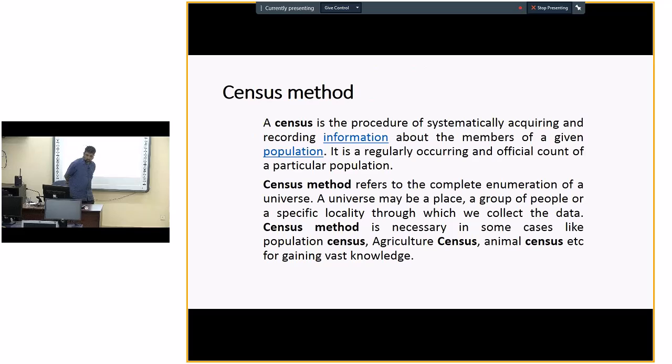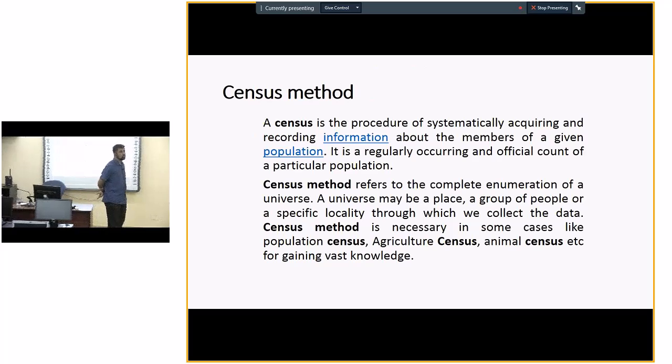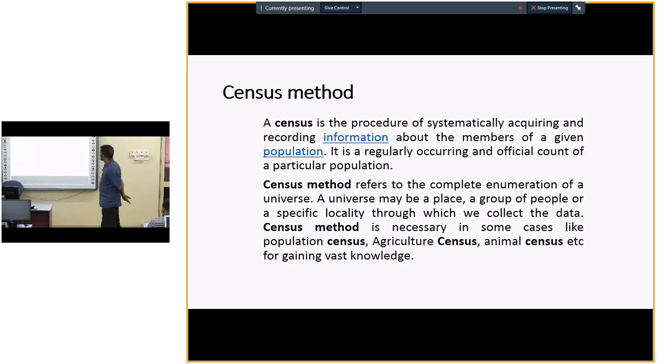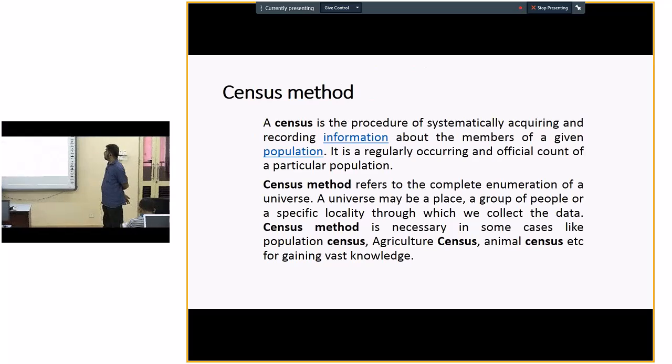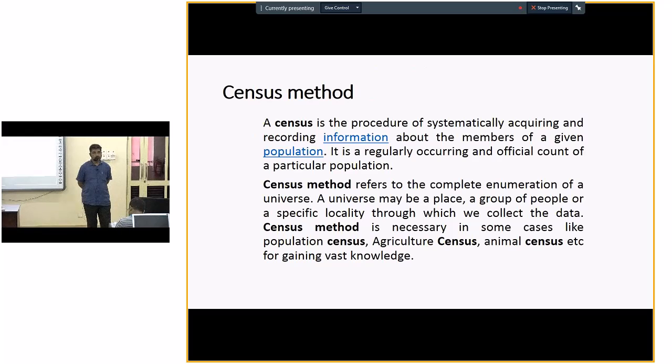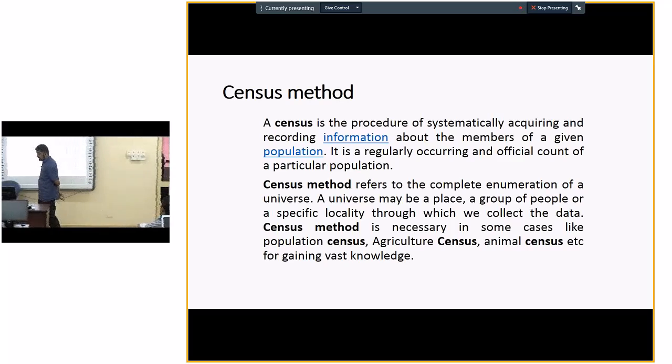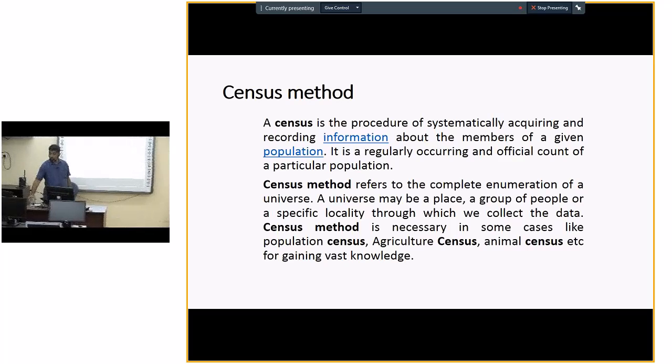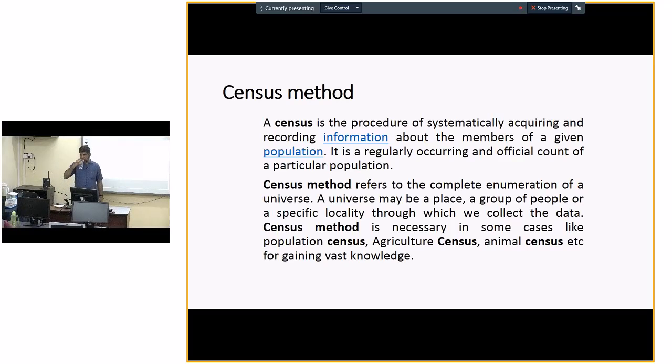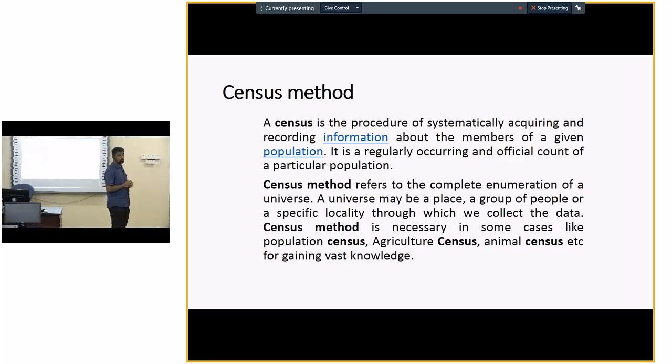Right. Now, if we think about the population of interest, in some cases we can collect data from the whole population. We can observe the whole population. If we are conducting that type of survey, that is called a census.